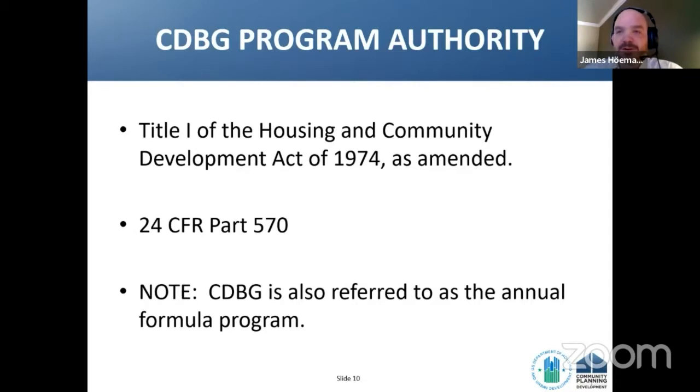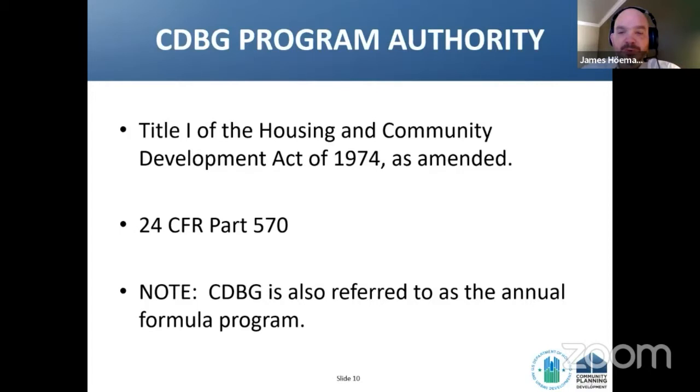One thing I will note is that we do refer to the CDBG program as the annual formula program. Sometimes you may hear people say the regular CDBG program. That's because this is a very flexible chassis that all of these other programs are built off of. The Recovery Housing Program uses the HCDA as its chassis, if you will.